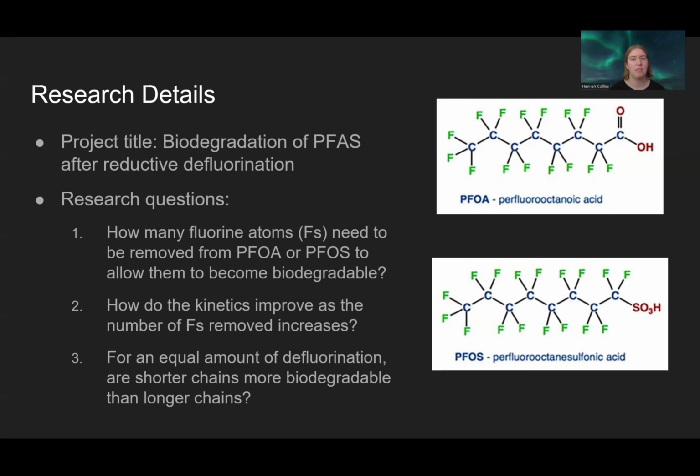And so if there are issues with the immune system or other systems in the human body, then that can lead to an increased risk of becoming ill. And there has been, for example, increased pregnancy issues, increased risk of cancer, and a lot of other health problems associated with exposure to PFAS.